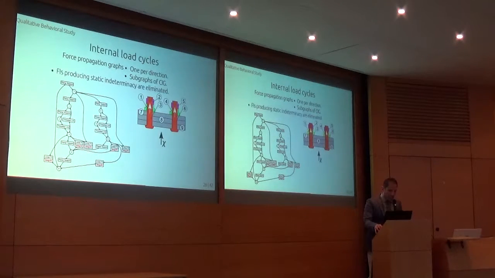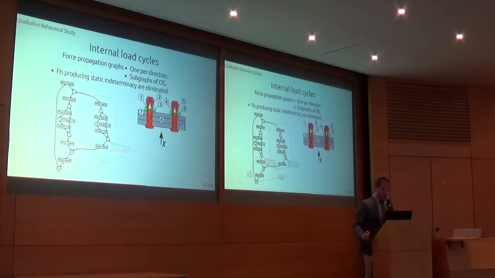Now, for each force propagation dictated by an internal load generator, we start by eliminating functional interfaces that would lead to a non-functional, statically indeterminate configuration. Then we project the conventional interface graph onto the chosen direction, leading to the force propagation graph or graphs.